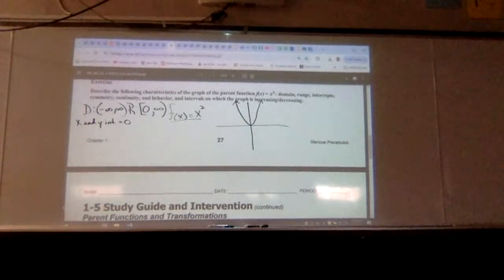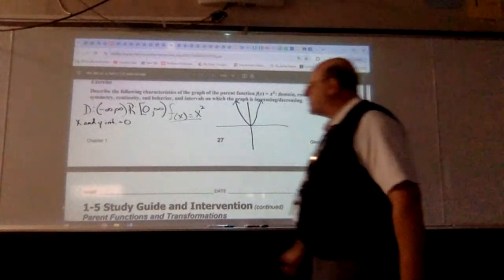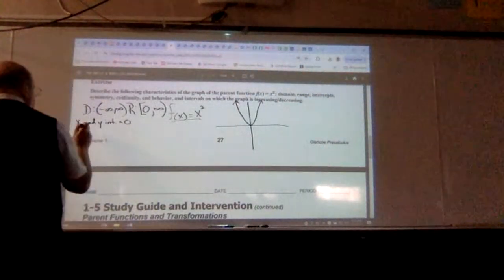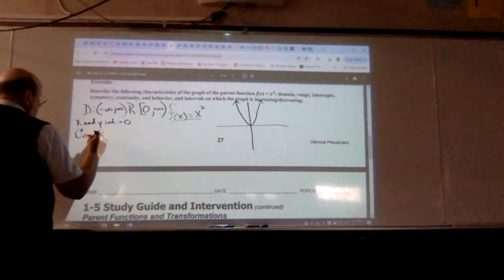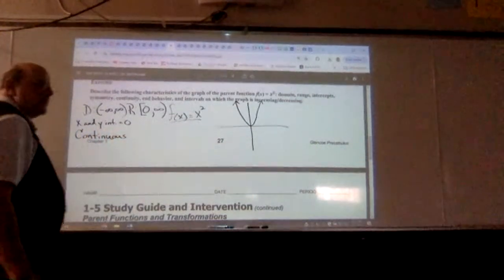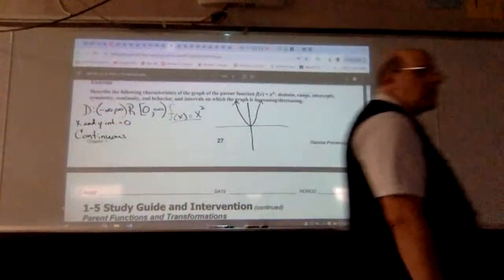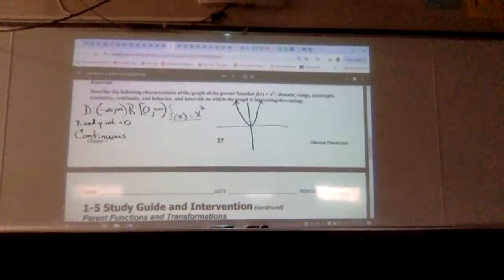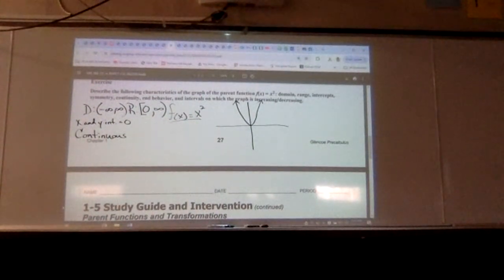No jumping, no asymptotes. Great. It's continuous. Now write continuous. If I say it out loud, I remember to spell it correctly. I always forget a U in there somewhere.